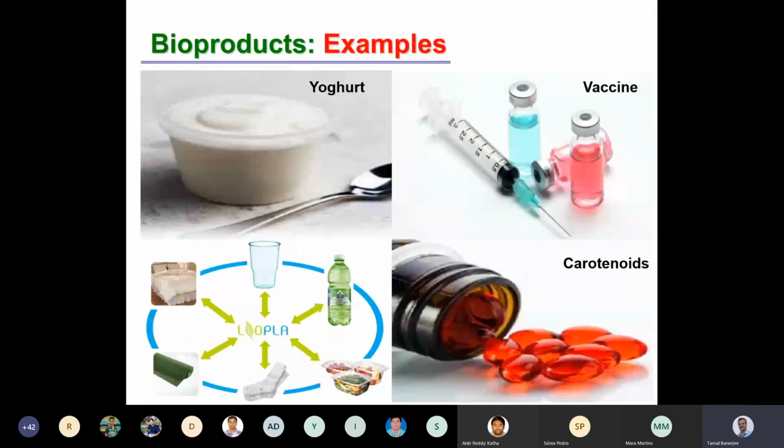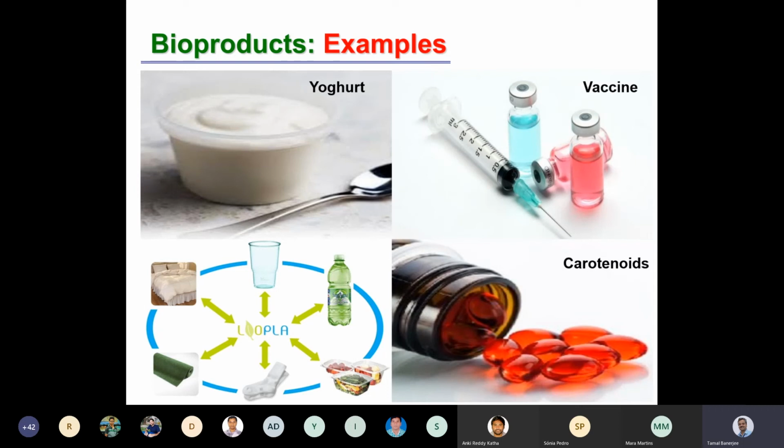Some kinds of byproducts can only be obtained using fermentation processes, like yogurt, vaccines. At this time, vaccines are very important.